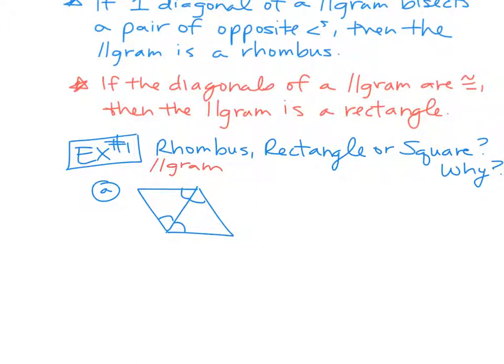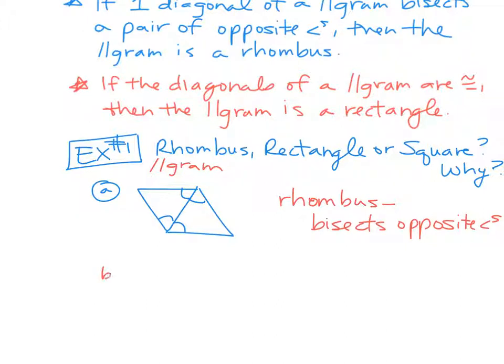So from this picture, what type of parallelogram is it? A rhombus. This is a rhombus, right? Because it bisects an opposite pair of angles. Okay, so we would say this is a rhombus. It bisects opposite angles.